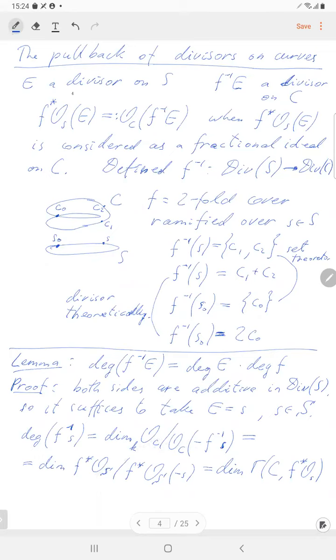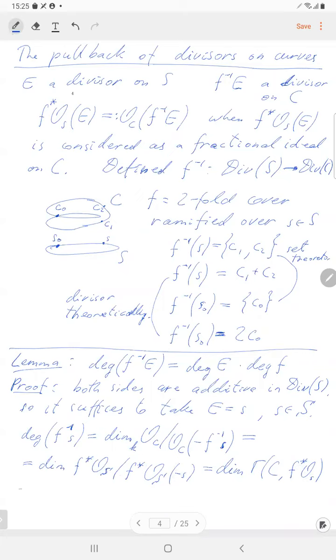And the same for subsheaves. Now, since the pullback is right exact, it takes quotients to quotients. The quotient of O_S modulo O_S minus point is just the structure sheaf of this point. Okay, and so I have this equality.